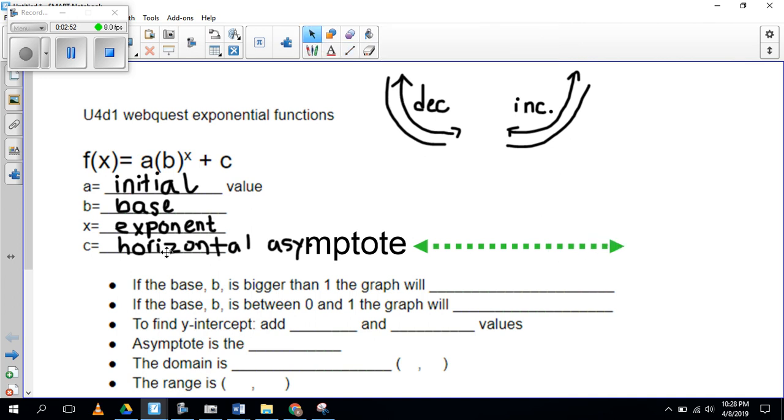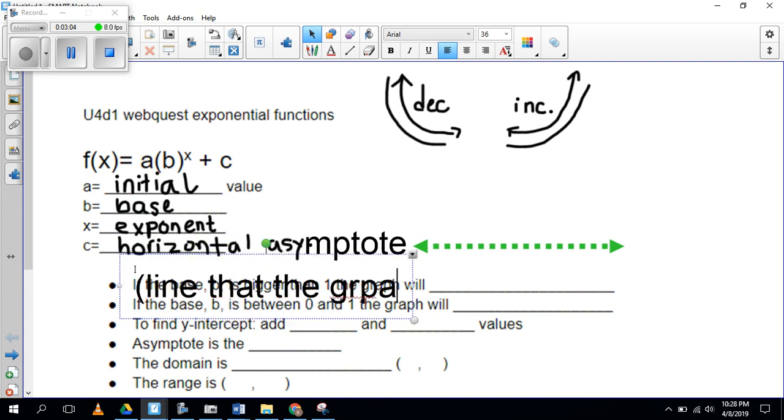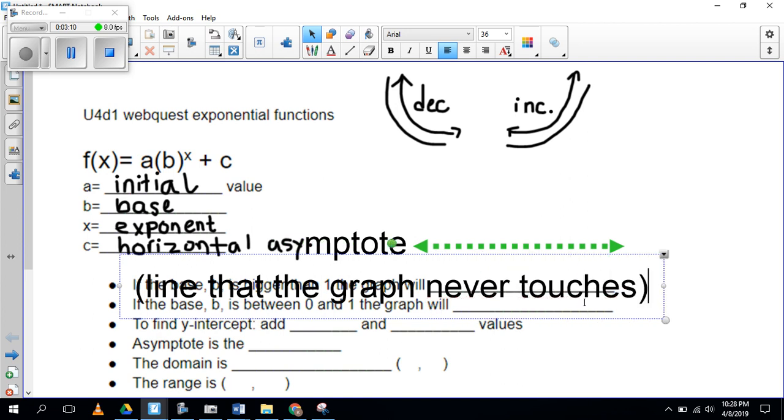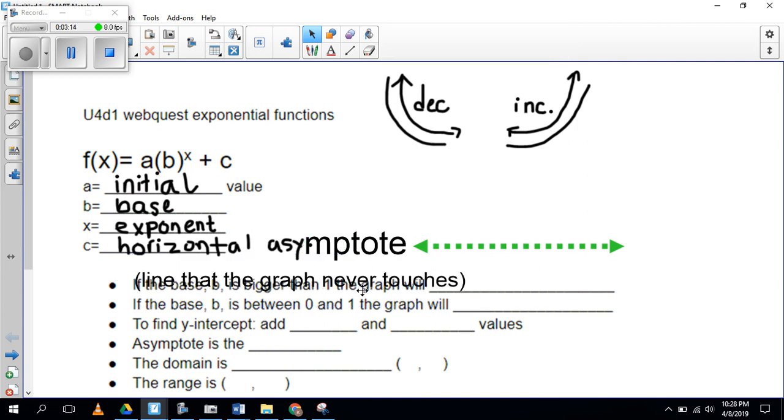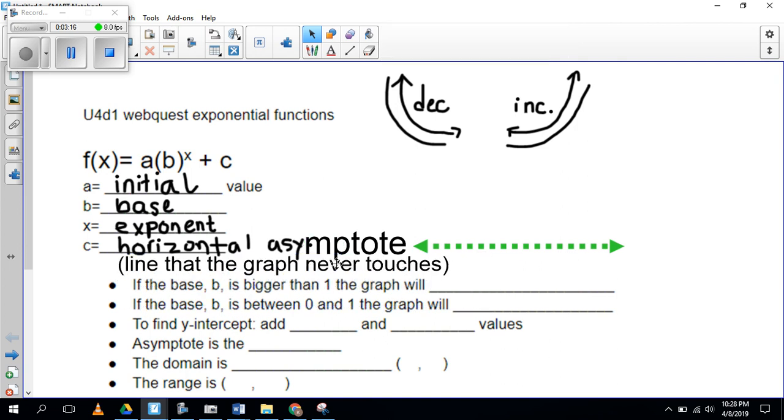And also, let me add this down here for horizontal asymptote: it is the line that the graph never touches. It gets really, really close to it, but it never touches. That's called your asymptote, your horizontal asymptote. It goes from left to right, and it's that line on your graph.